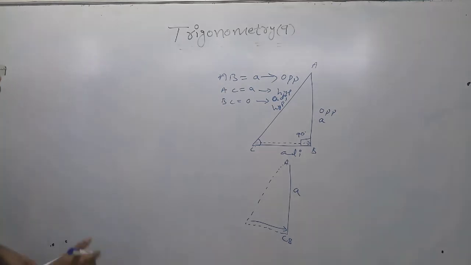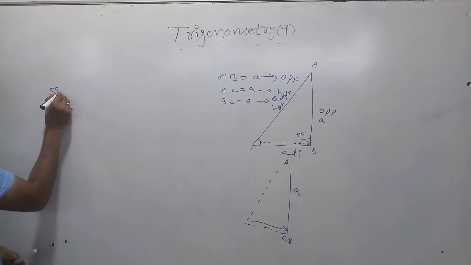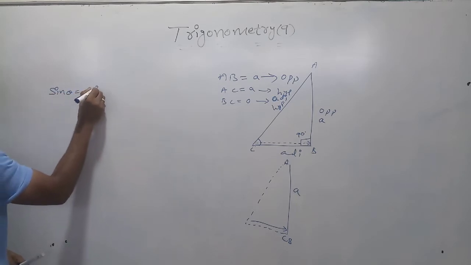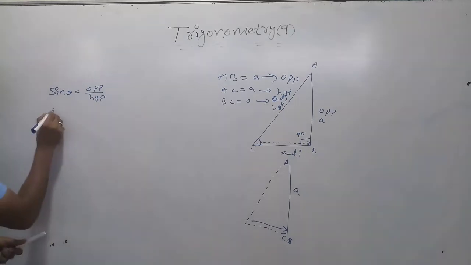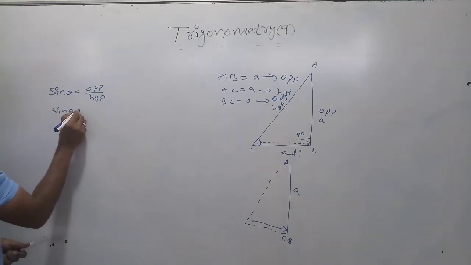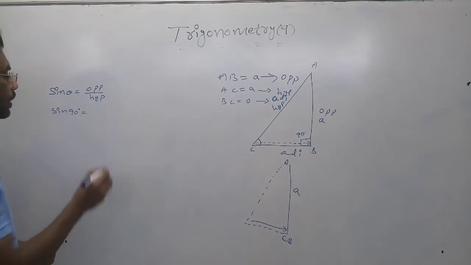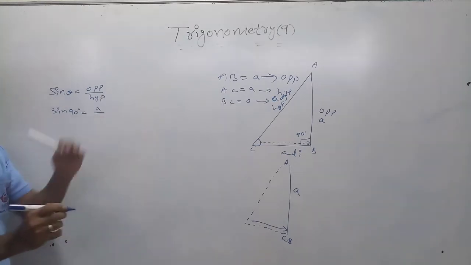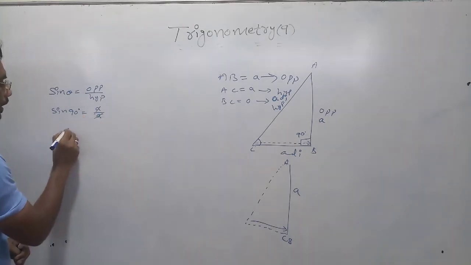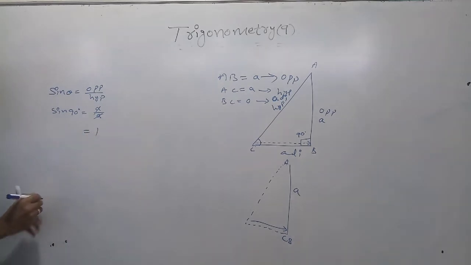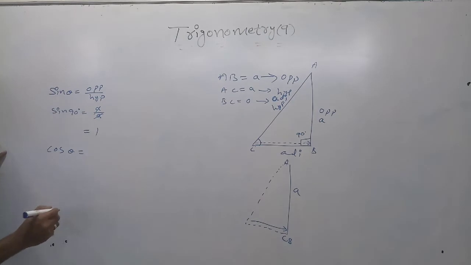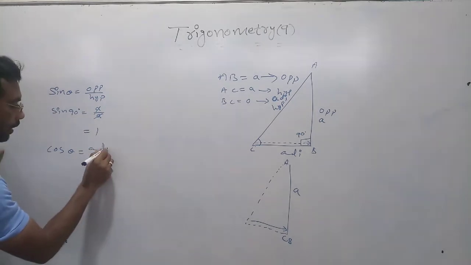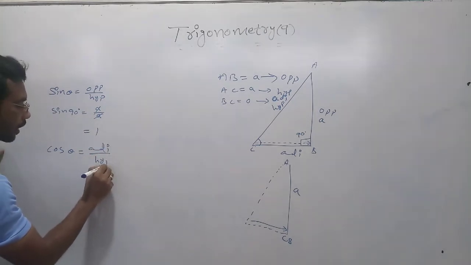Now we will use the formula, sin theta is equal to opposite by hypotenuse. Then sin 90 degrees is equal to, opposite is how much? A. Hypotenuse is how much? A. A gets cancelled, then it will be 1. Like that, cos theta is equal to adjacent by hypotenuse.